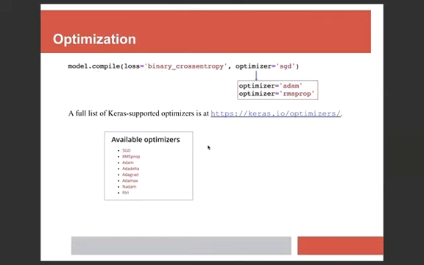Here is a link for Keras, which lists all the supported optimizers in Keras. There are others like Adadelta or Adagrad. You can change the optimizer to any of these available optimizers in the compile function and see how the result is when you do the application.